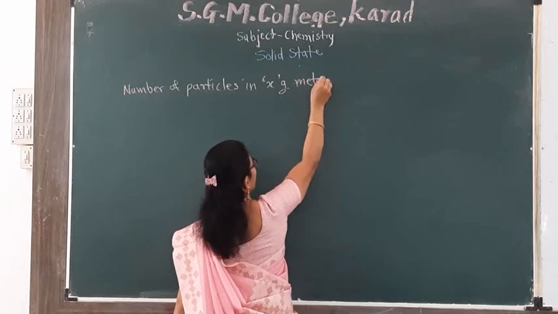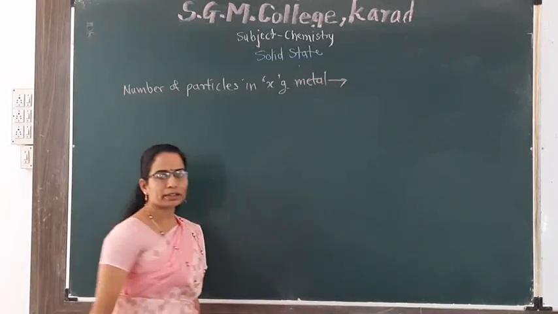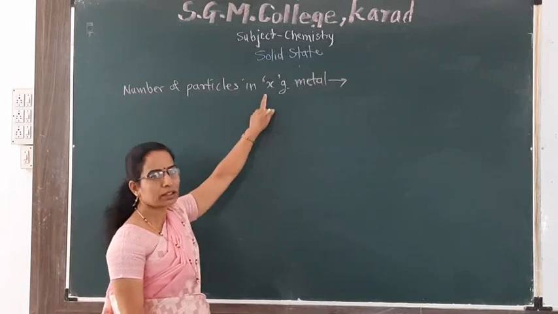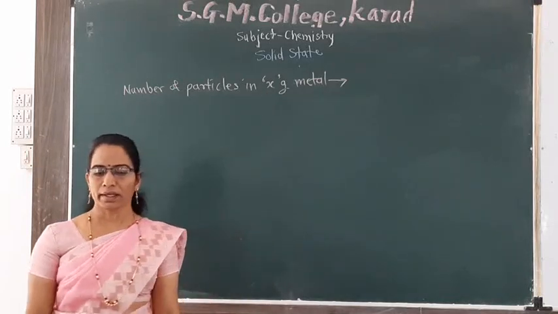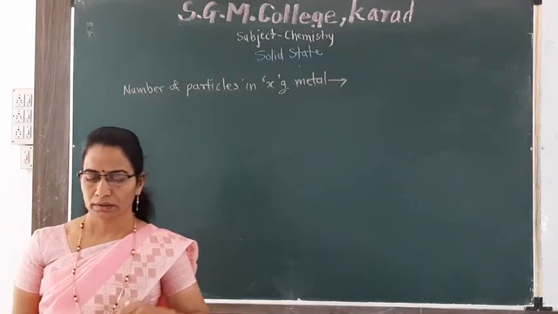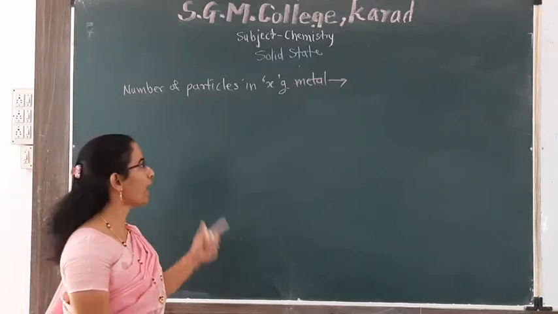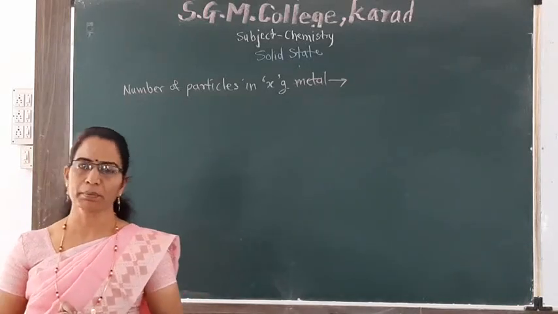If you are given a metal and the mass of that metal is x gram, then how will you calculate the number of particles, that is atoms, present in that metal?